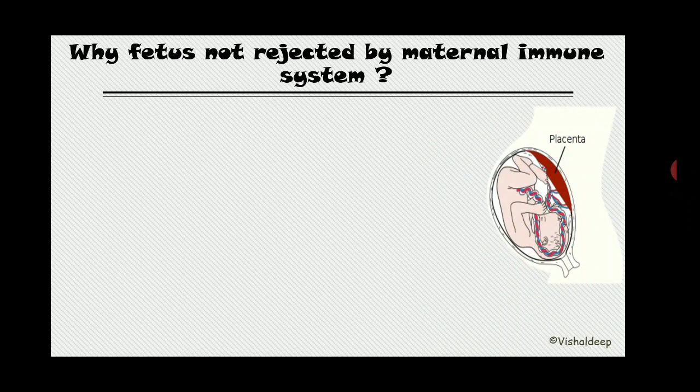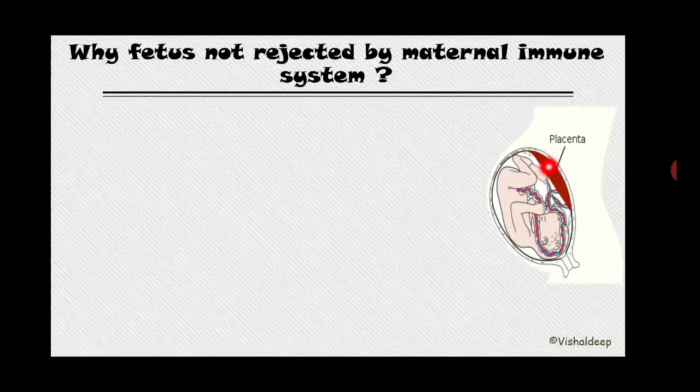The fetus is actually a foreign body to the mother's circulation and to the mother's immune system. So why is the fetus not rejected? You can see that the only connection between the mother and the fetus is the placenta, right? So this placenta is basically made up of the syncytiotrophoblast and cytotrophoblast.